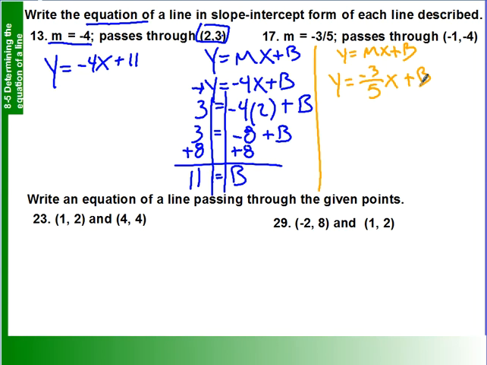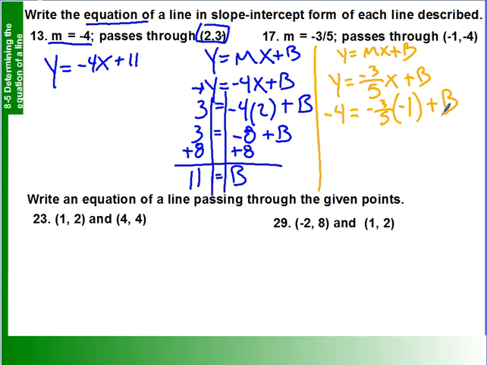So is y negative 1 or negative 4? Negative 4. So we have negative 4 is equal to negative 3/5 x. Oh, but not x, right? So what are we going to write instead of x? Negative 1, plus b.